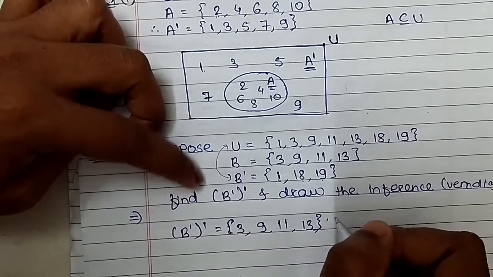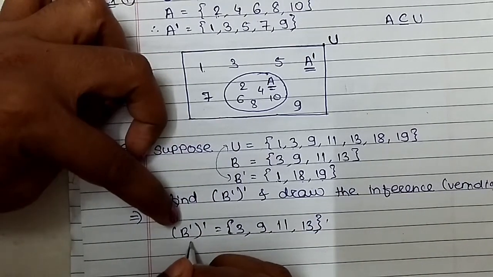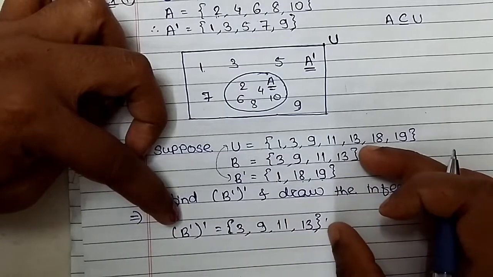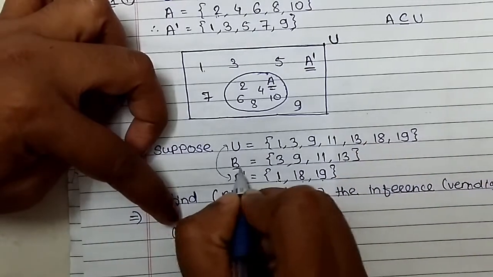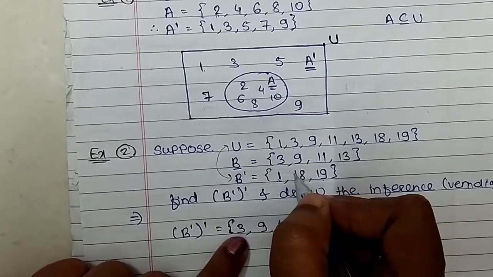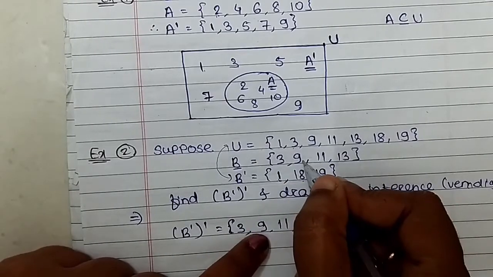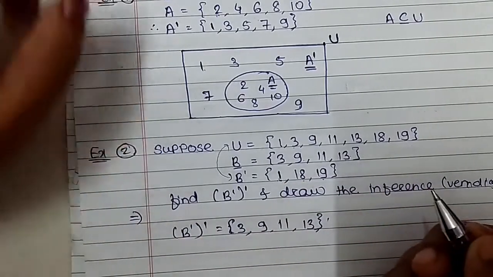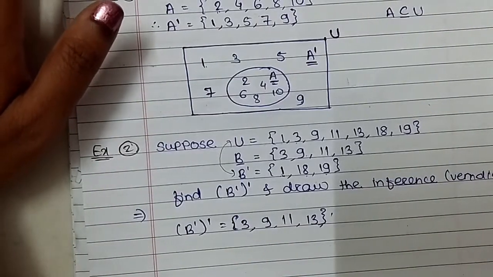So just observe here, when we take the complement of the complement, then what we get? We get the original set, that is B set here. So what are the elements of the B set? 3, 9, 11, 13. So what do we conclude here?